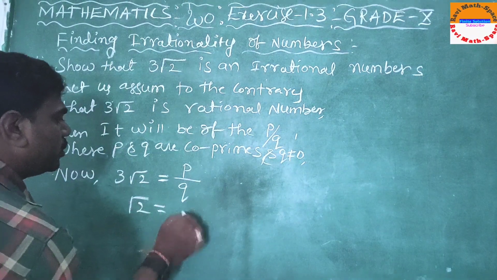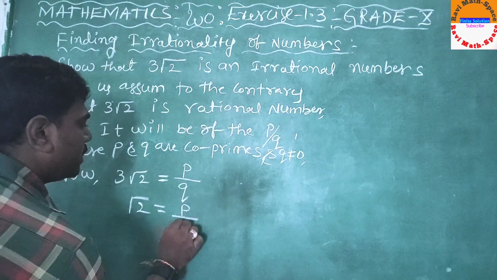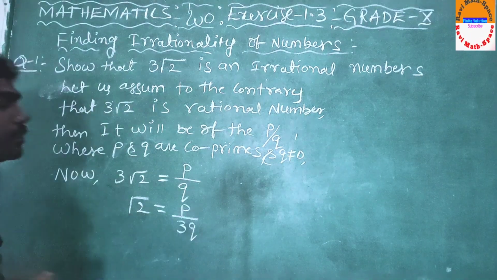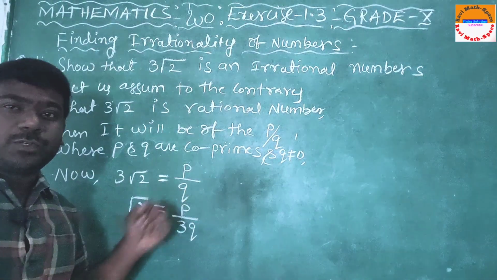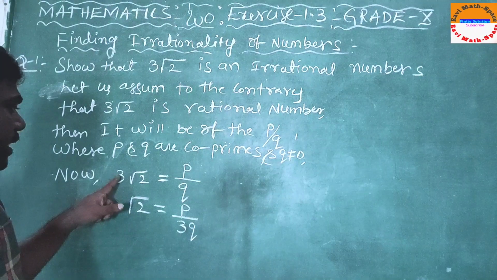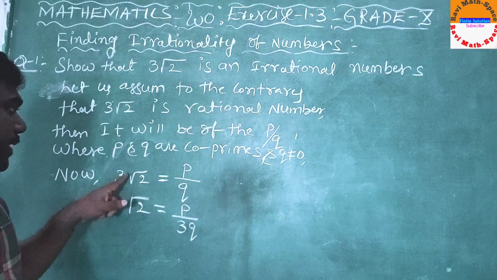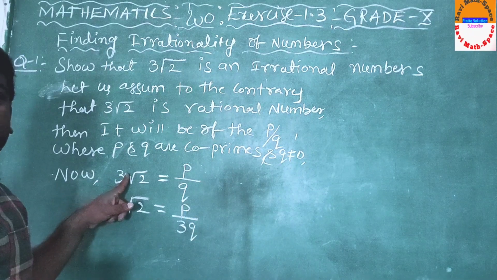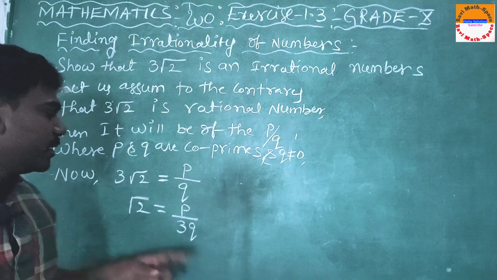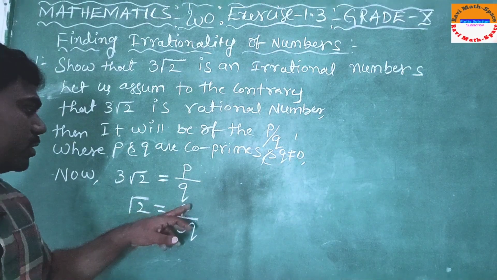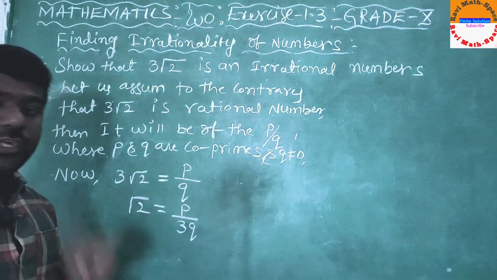Root 2 is equal to p by 3q. Already we know the transposing rules. Already 3 is with this number in multiplication. When I transpose, it becomes division. So that's why root 2 is equal to p by 3q.